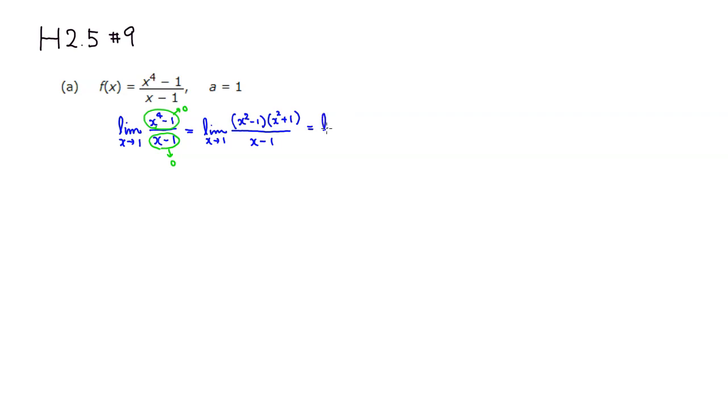So you have the limit as x approaches 1, and factor this guy out. So you have a difference of squares. So you have (x minus 1) times the quantity (x plus 1), and we still have (x squared plus 1), over x minus 1, right?